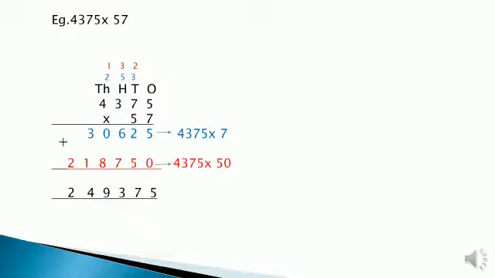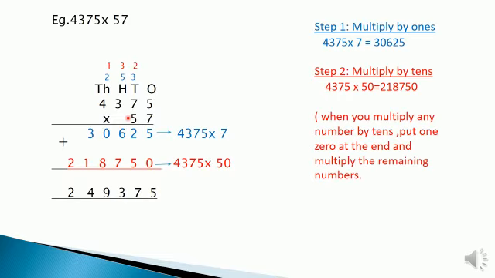First step is multiply by ones. That is 4375 by 7. The answer is 30,625. You know it, how to multiply. And the second step is multiply by tens.